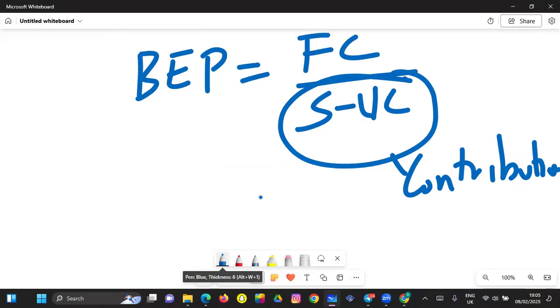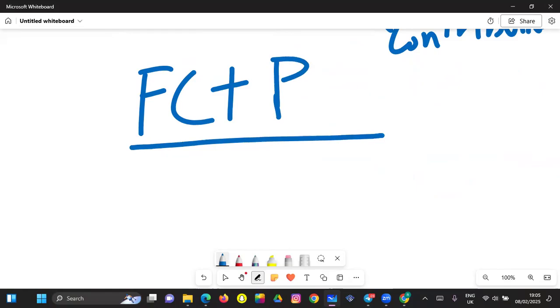That's where profit is zero. If we want a target profit, it is going to be fixed cost plus our target profit P, all over selling price minus variable cost per unit. You see, it's super simple. Easy peasy. You get it?